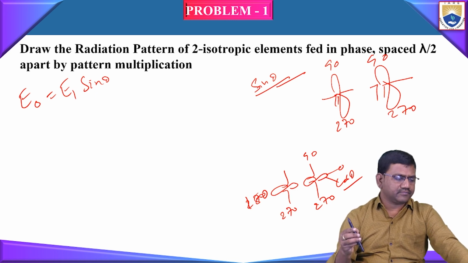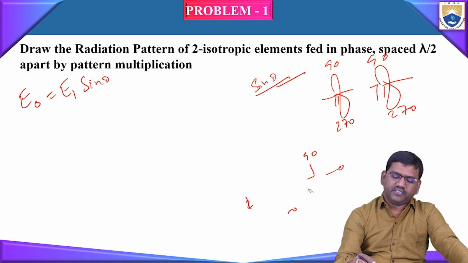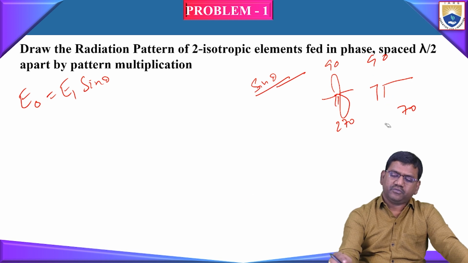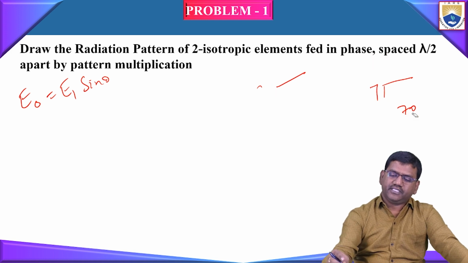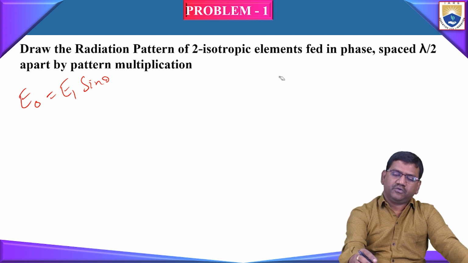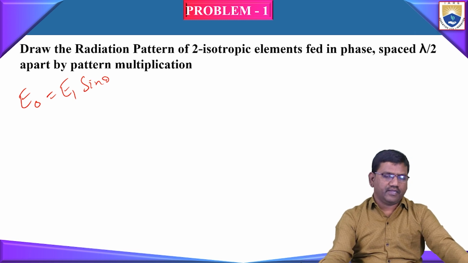So here, we have already derived the expression for E for two elements in an array separated by a distance of d equal to lambda by 2. In our theory sessions, we discussed two isotropic sources separated by a distance of lambda by 2.